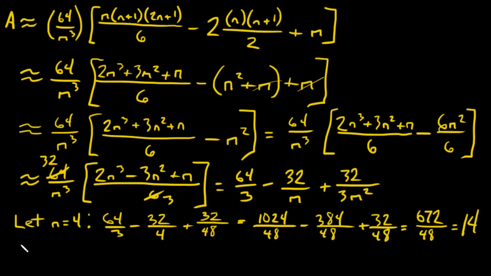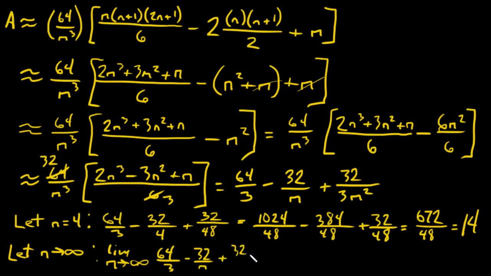Alrighty, now let n go to infinity. So this is going to be the limit as n goes to infinity of 64 over 3 minus 32 over n plus 32 over 3n squared. Well, this term goes to 0, this term goes to 0, and we're left with 64 thirds.